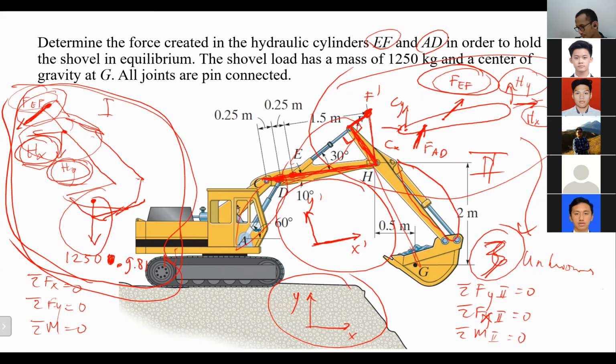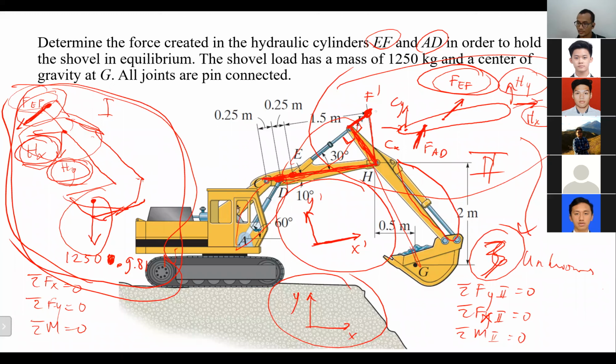If let's say F is slightly to the left, so EF is shorter, but the angle at E is still 30, that means the angle at F is not 90 degrees, right, sir? Correct. But if we extend the line of action of EF until F prime, we can still use sine 30 times 1.5 to find the distance between EF to H.